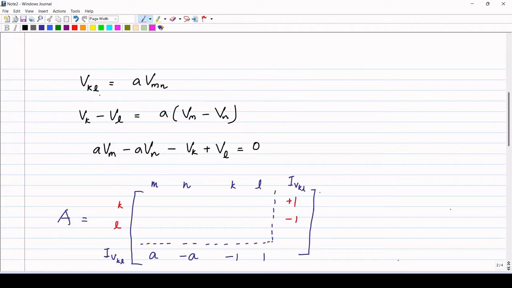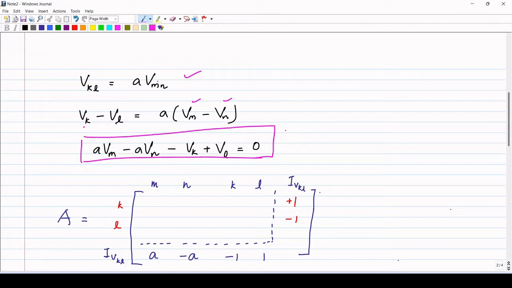So VKL is equal to A times Vmn, and VKL is nothing but Vk minus Vl, and Vmn is nothing but Vm minus Vn. Now by rearranging this, we will get one equation.